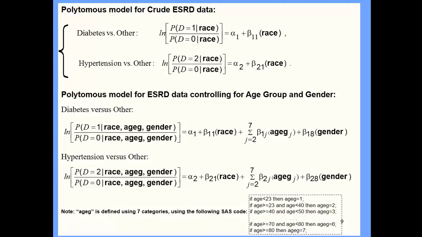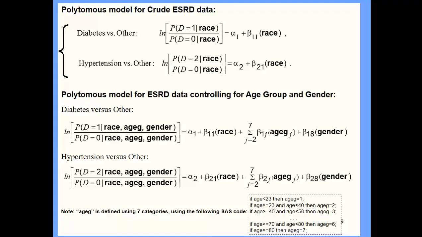One equation deals with the comparison of diabetes versus other, and this is hypertension versus other. If you're only dealing with the race variable, not controlling for anything, this is what these two equations look like, and they combine to form the polytomous logistic regression model for this situation.